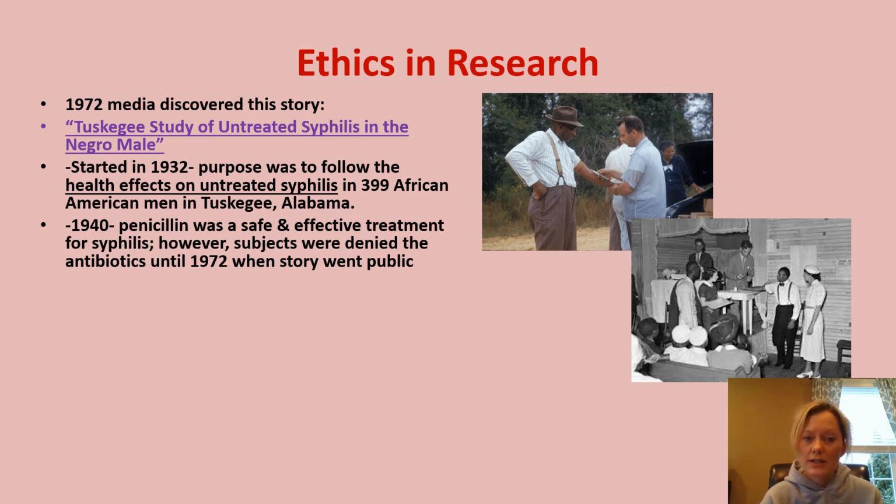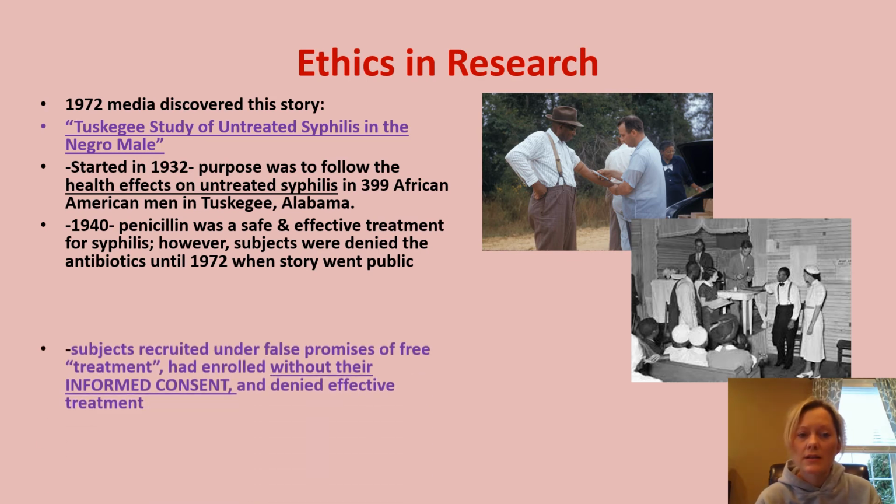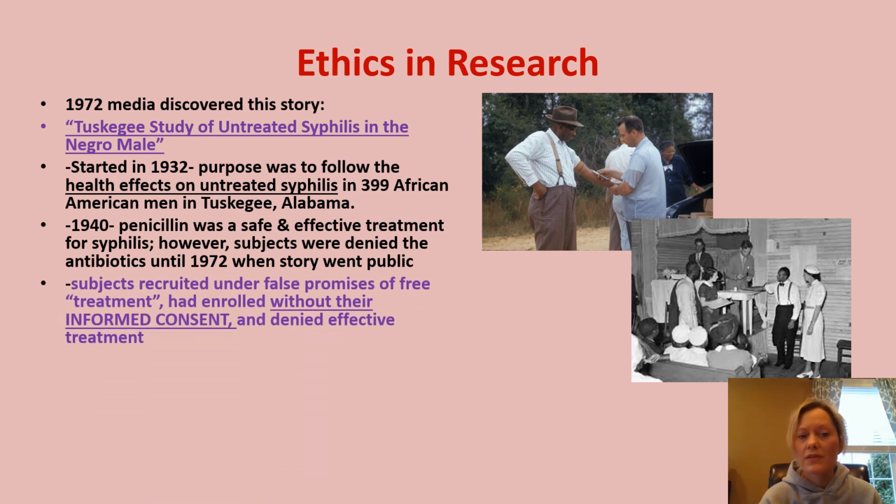It started in 1932, and they wanted to see the effects of syphilis on these 400 men that had it. Unfortunately, they were given a bogus treatment, and a faulty promise of a free treatment.